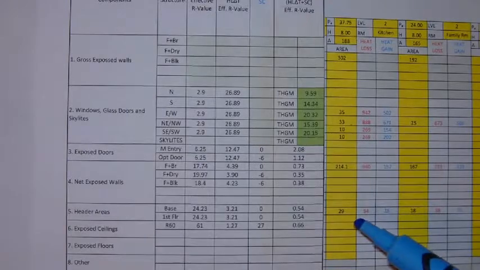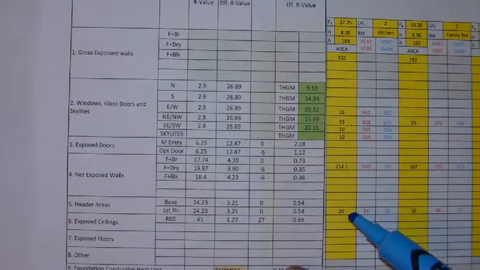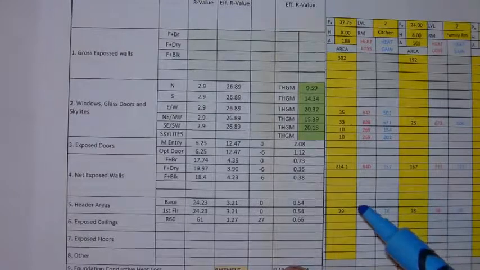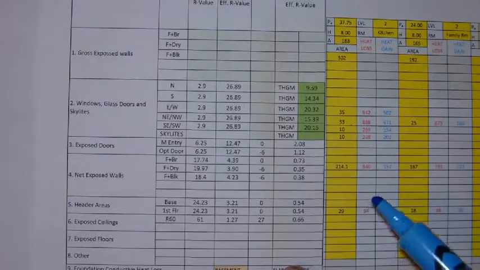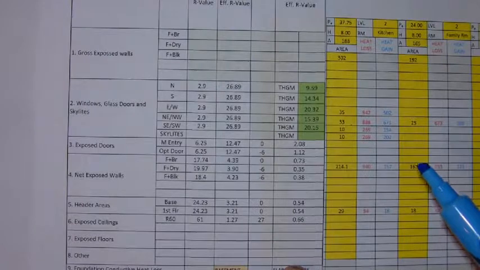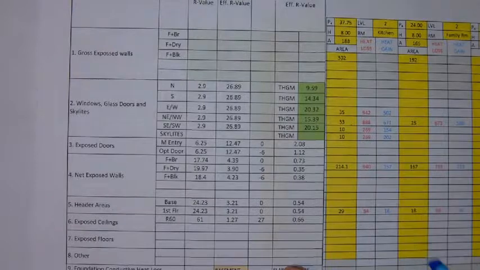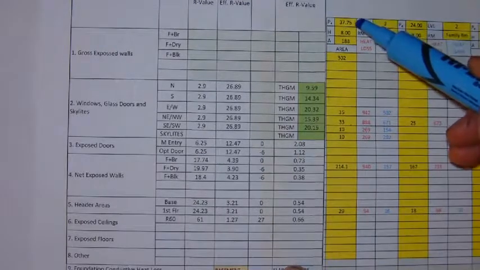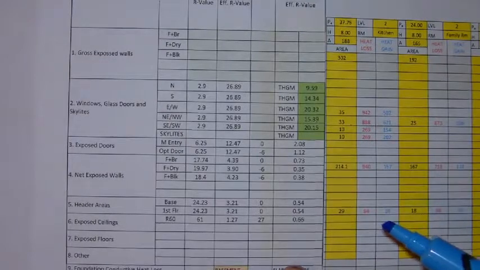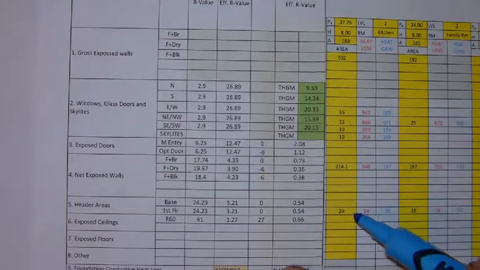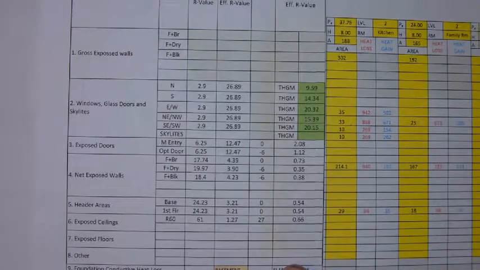Then we assess the first floor header, and recall from our working class that the first floor header was assessed at 0.75 feet high, and so therefore you would take 37.75 feet, which is the total exposed perimeter, times the height of the header, which is 0.75, and that comes out to 29 square feet.